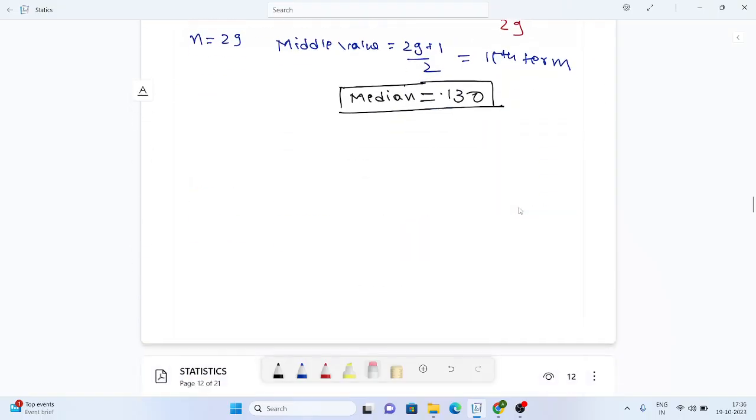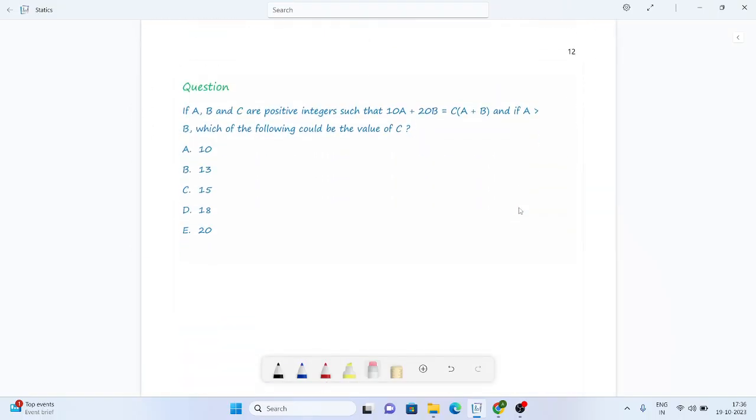Done? Okay. Now come on, this is a very important question. Make a star on this because this is a conceptual plus theoretical question. The concept of this question will help in data efficiency also.